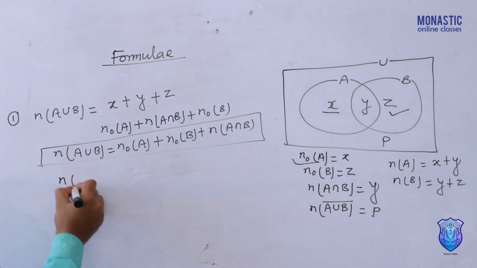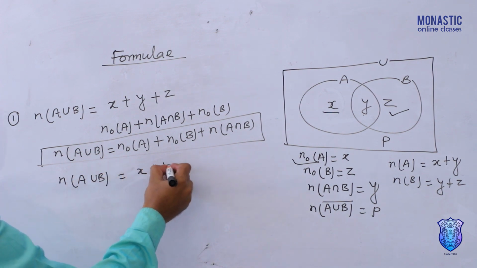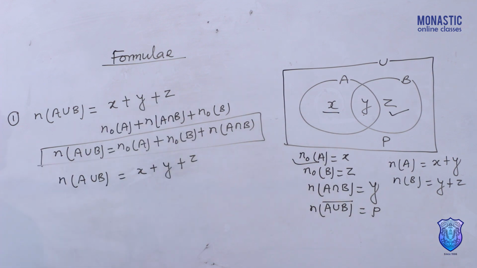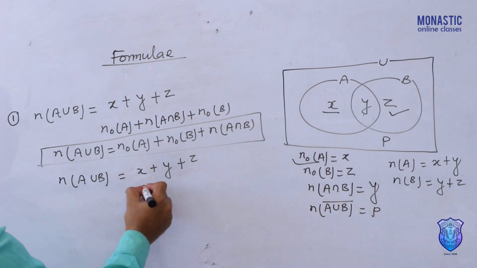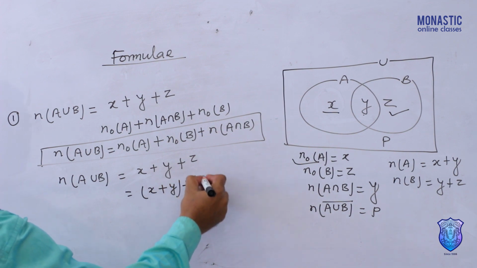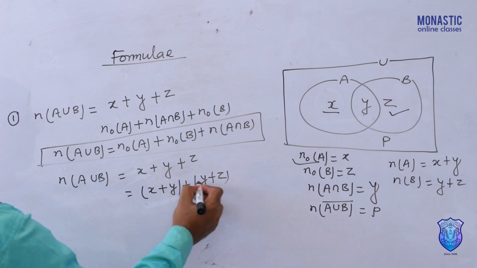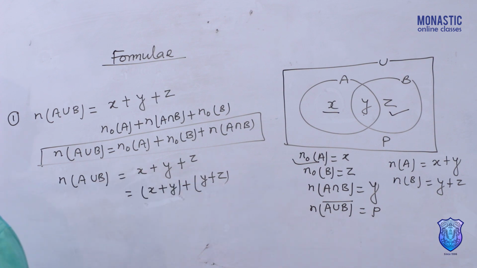Next, again we have number of A union B as x plus y plus z. If I write this as x plus y plus y plus z, but I have written x plus y and y plus z, so when you simplify, the sum of these two gives 2y, but we have only 1.